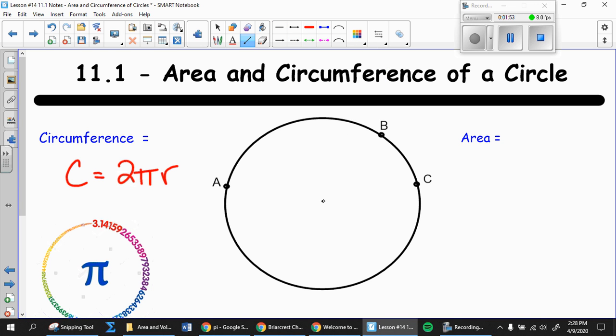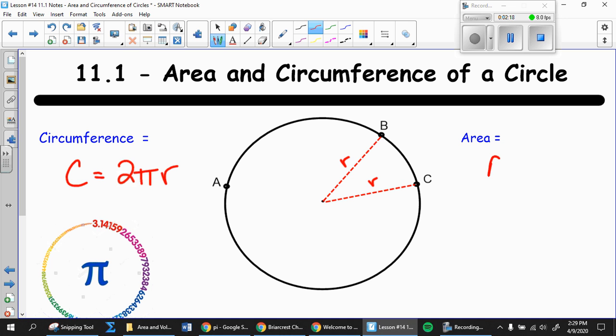So this distance from here to here, or this distance from here to here, both of those are our radius. So it's 2 times pi, this number in your calculator, times whatever the radius is.